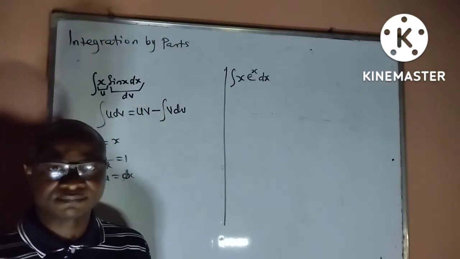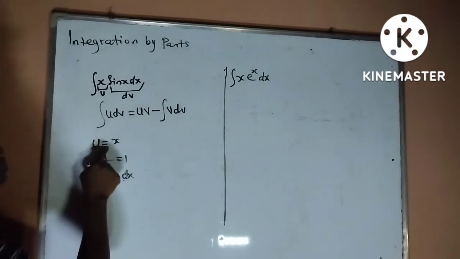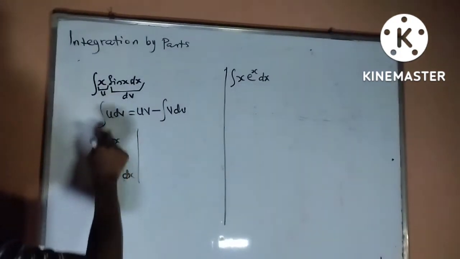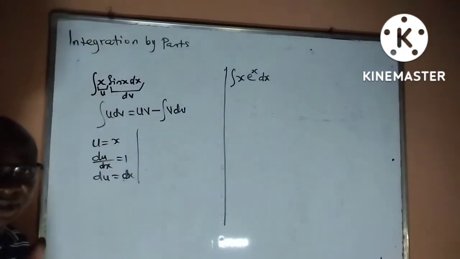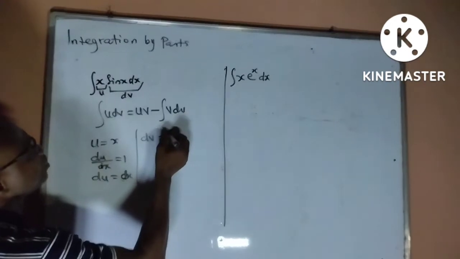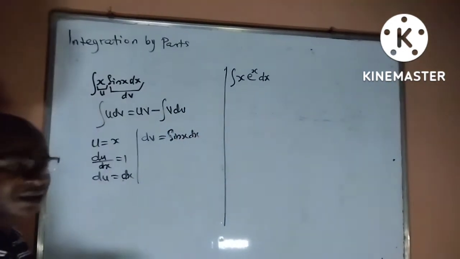I have gotten du. Now, I have du, I have u, then what is remaining is to get my v. My v, I can get it from dv. So, dv is equal to sine x dx.